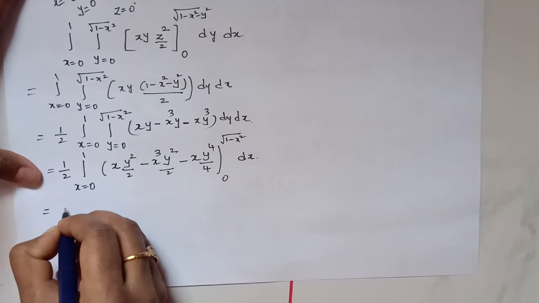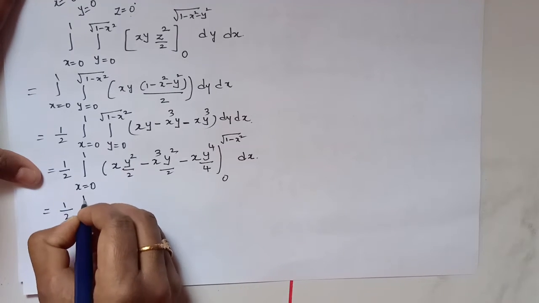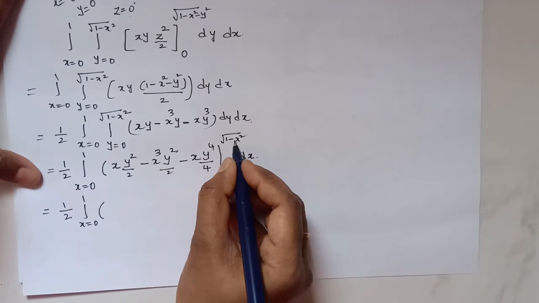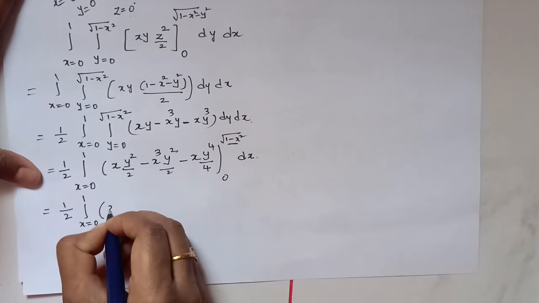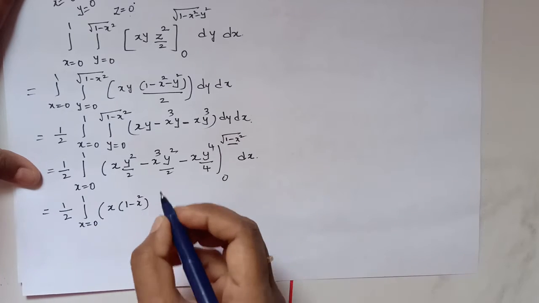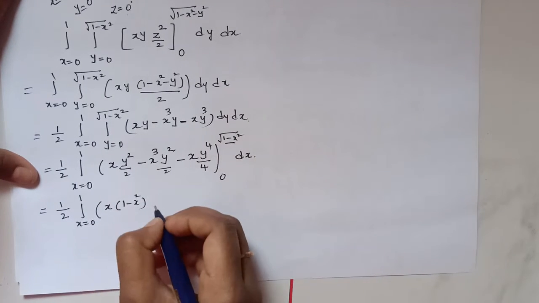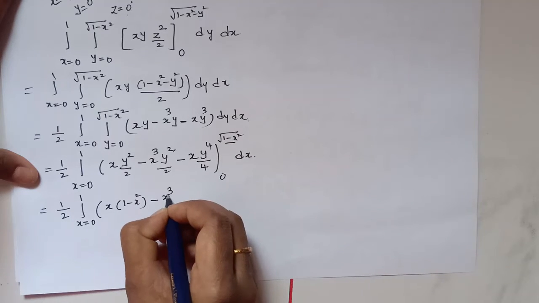Now, this is equal to 1 by 2 into integral x is equal to 0 to 1. In place of y, we need to substitute under root 1 minus x square. This value we have to substitute. x into 1 minus x square, so y square we have, the root and square cancel. We get 1 minus x square minus x cube by 2.